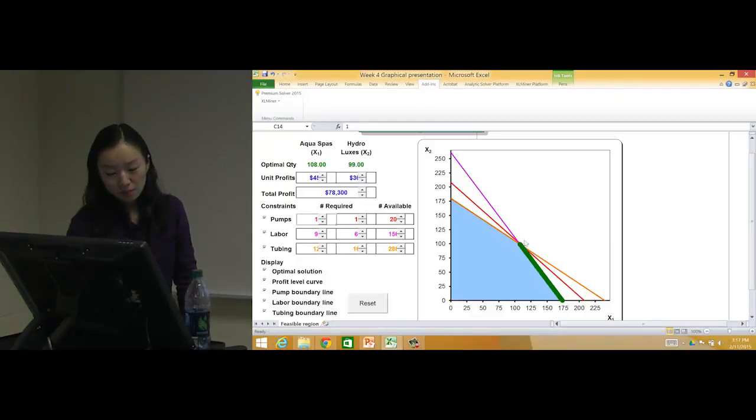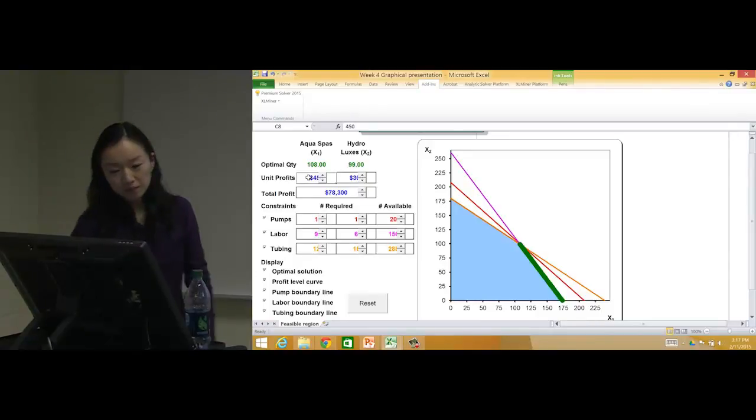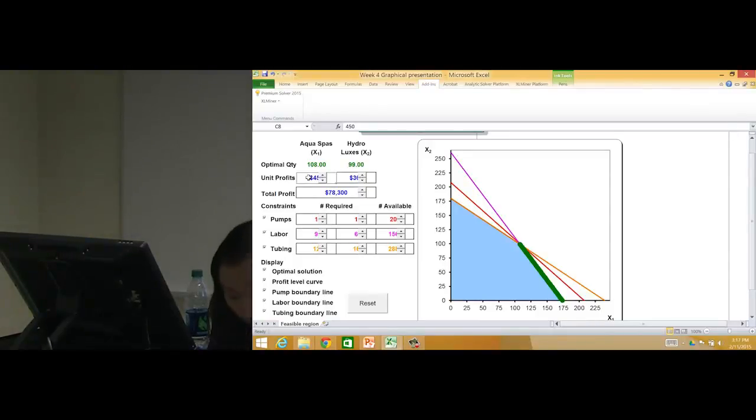Just one unit of change in either direction. Say, okay, now it's 450. If we change it to 449, the solution becomes this top point, right? Or if we change it to be 451, the solution becomes this bottom point.